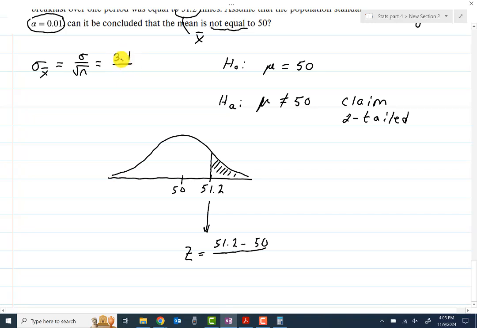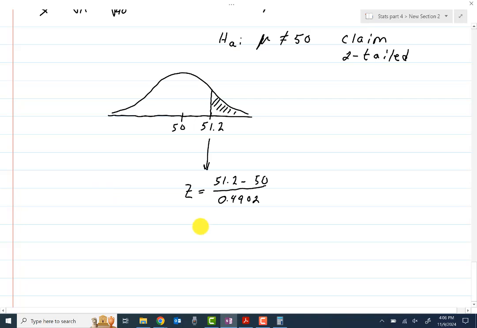And n was 40. And let's get this computation. To two decimal places, we get 2.45.